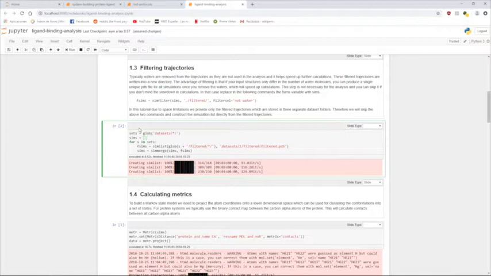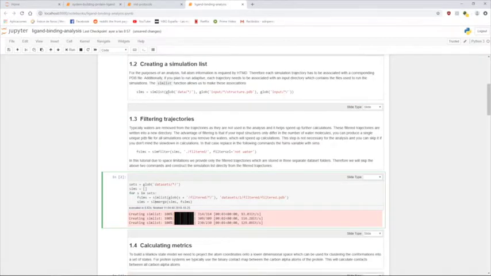We'll start by loading all of our trajectories, because it was a high-throughput MD experiment. We have several different trajectories here, and you usually load them using this simlist function that just goes through all the directories.